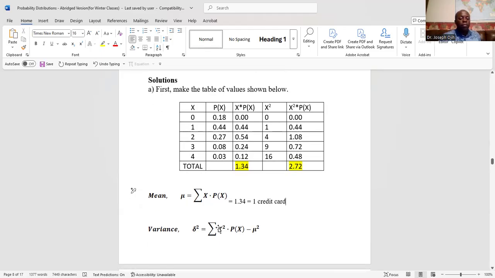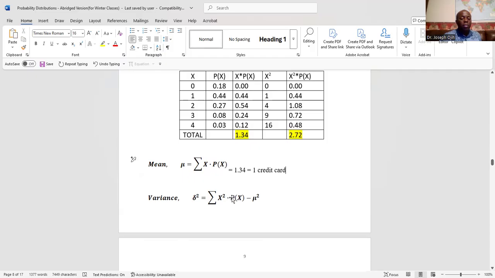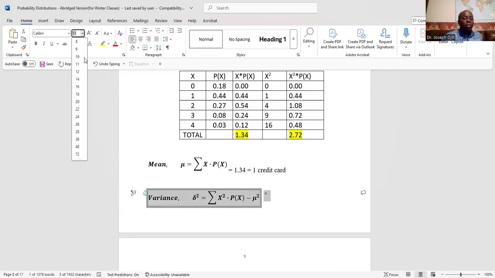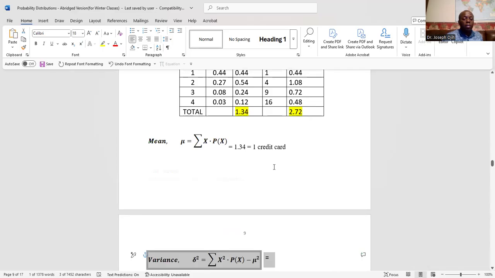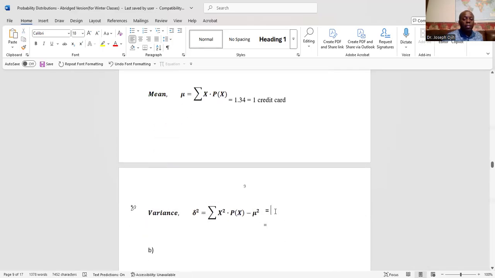Variance is the sum of x squared times px minus the mean squared.